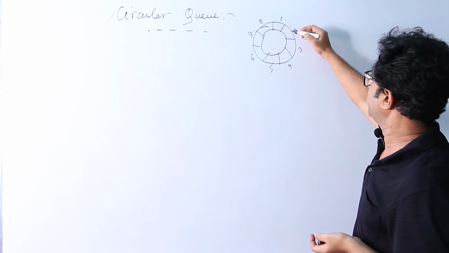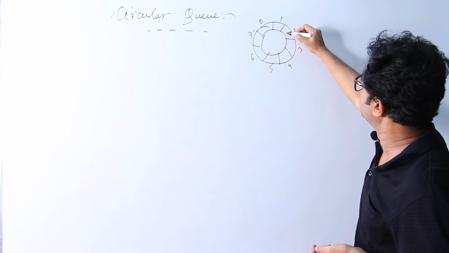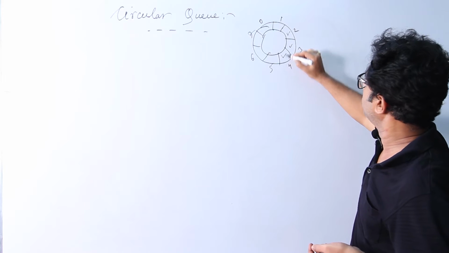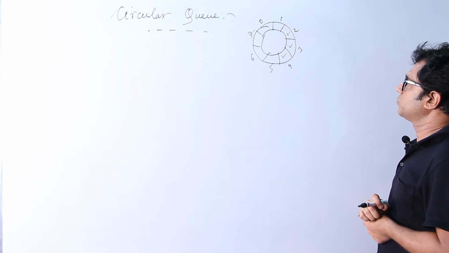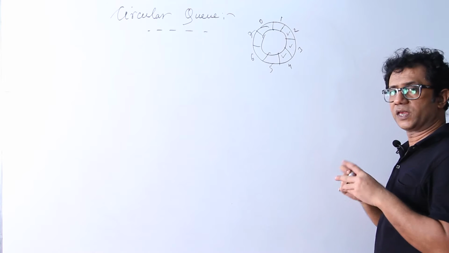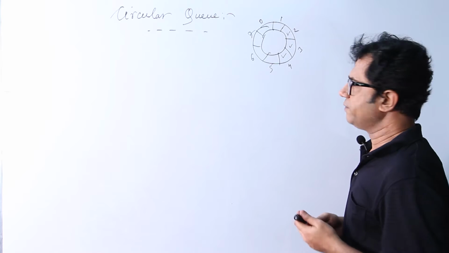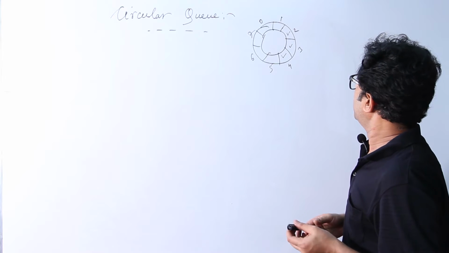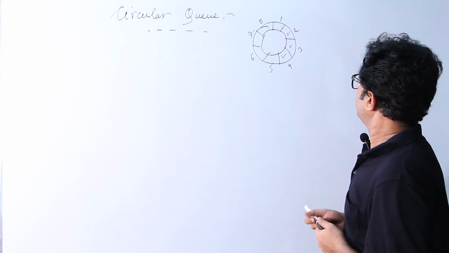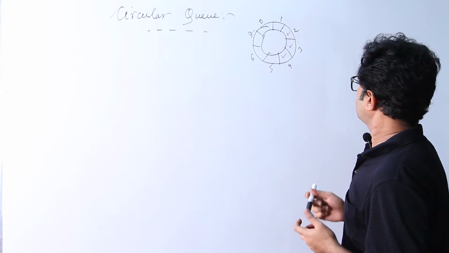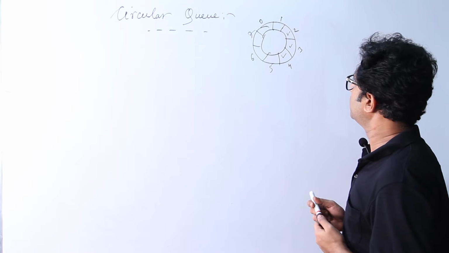Suppose we imagine that this circular array contains some elements over here, over here, over here. Let me recollect some of the ideas we have learned in the queue data structure, queue as an array: what is the front, and what is the rear. Those are quite similar to what we discussed in the earlier videos regarding queue.